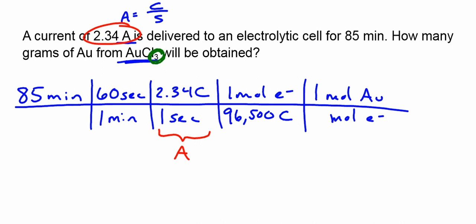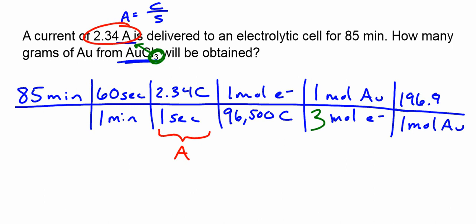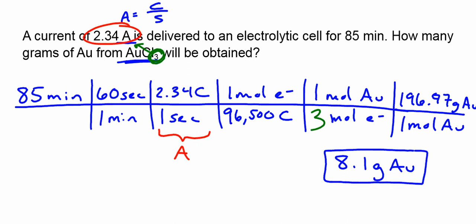Here's the key right there. I reverse cross, that reveals that it's a 3. And now I'm home free. Because I wanted mass. And then I just need to calculate that out. And I get 8.1 grams of gold.